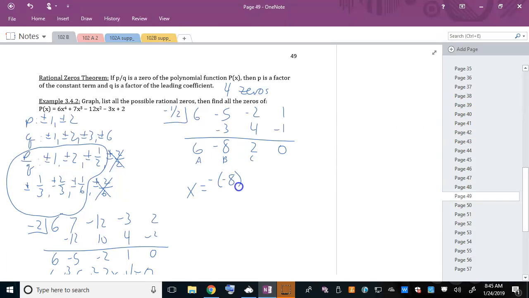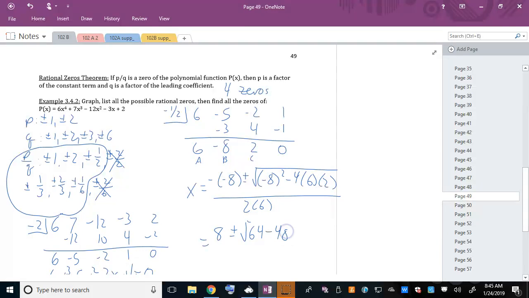So -b plus or minus the square root of b squared minus 4 times A times C, all over 2 times A. So I get 8 plus or minus the square root of 64 minus, it's 24 times 2 is 48, all over 12. And let me continue this up here since I'm running out of room.